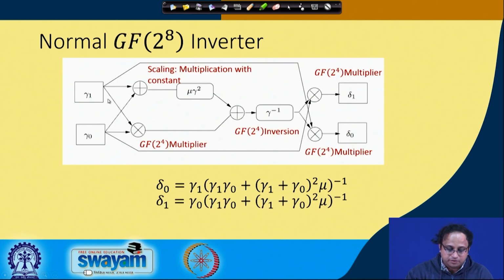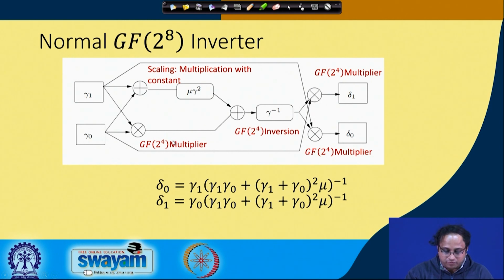For example, here is my corresponding diagram for doing the normal GF2 to the power of 8 inverter, or you can say actually this is a normal GF2 to power of 4 whole square inverter, because my element has been written in GF2 to power of 4 square. So, therefore, now when I have got 2 components like gamma 1 and gamma 0, you can exactly do a 1-to-1 match with this equation.